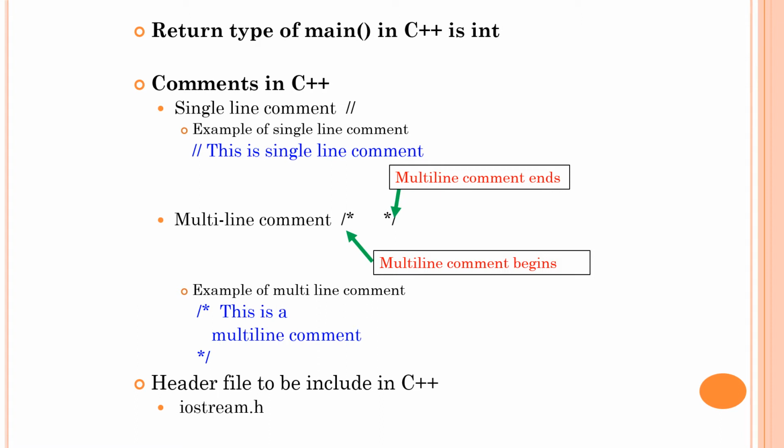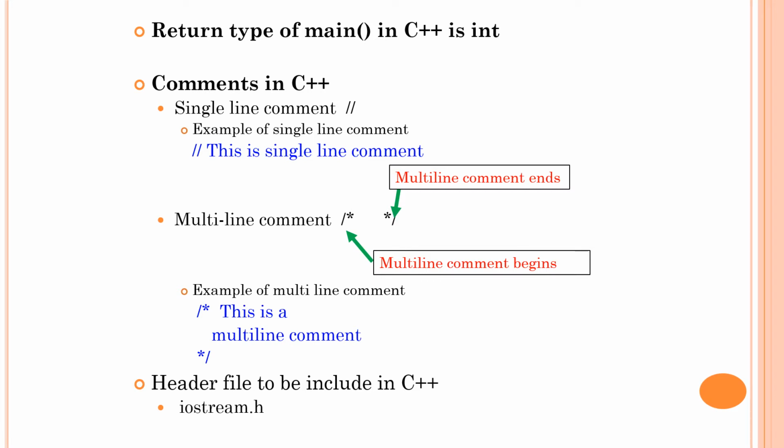Now 0 is returned to indicate to the operating system that the program worked successfully and has terminated without any compile time or runtime error, whereas a non-zero value is returned to the operating system to indicate that some error occurred in program execution. Also, the default return type of all the functions in C++ is integer.